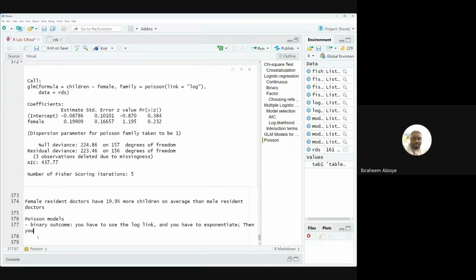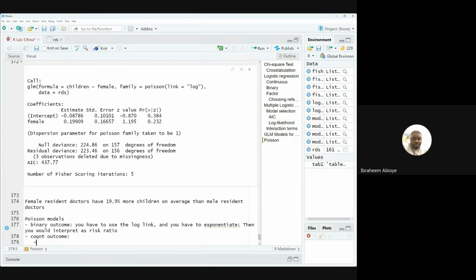Then you interpret as risk ratio. For a count outcome, you have two options.